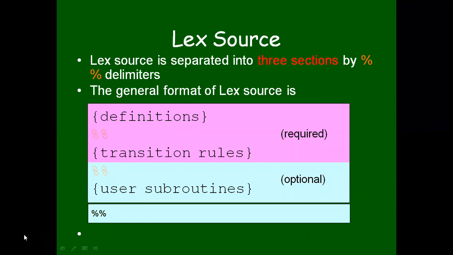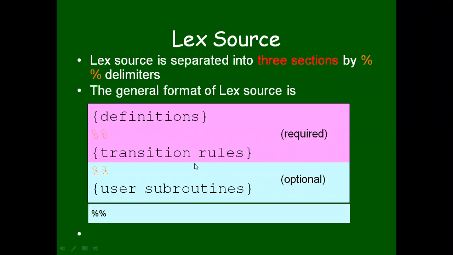And this is a Lex source. As I already explained, it has 3 sections. The first one is the declaration section. The second one is the translation section. And the third one is the procedure section, which is optional. It should not be a mandatory section.